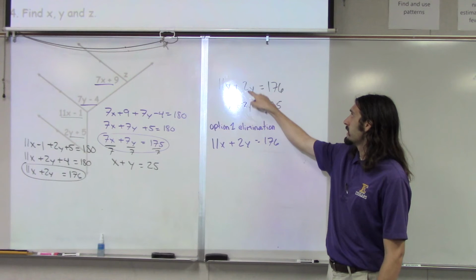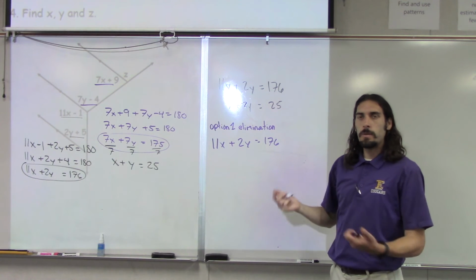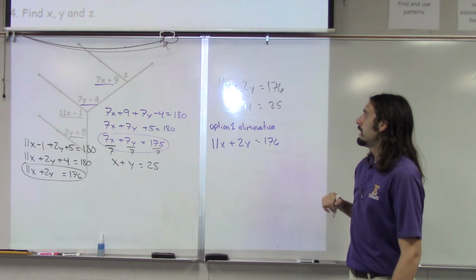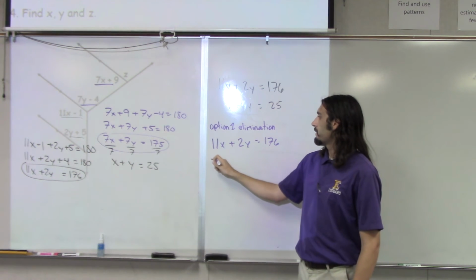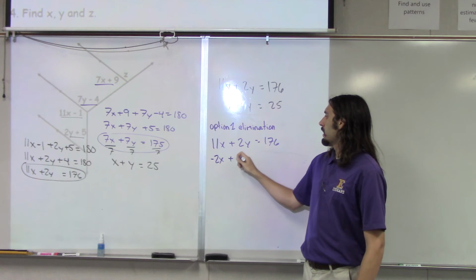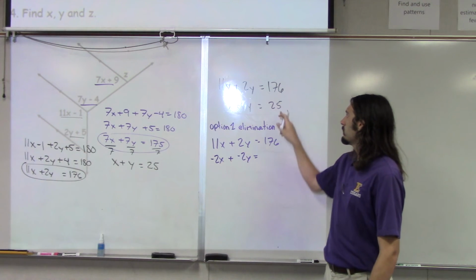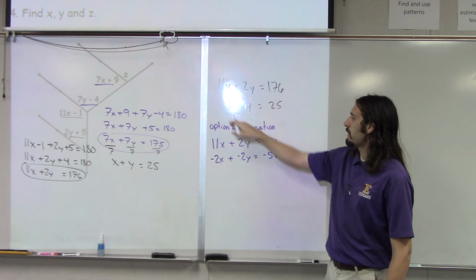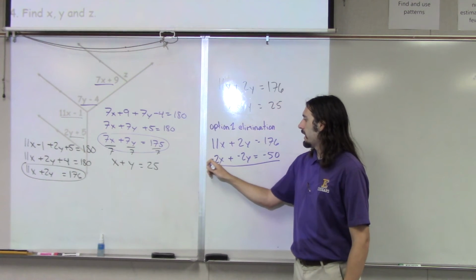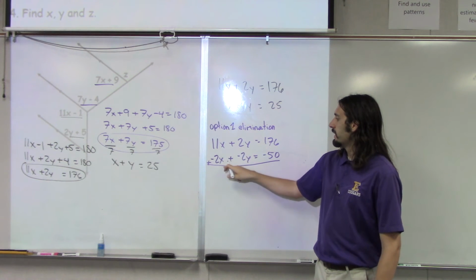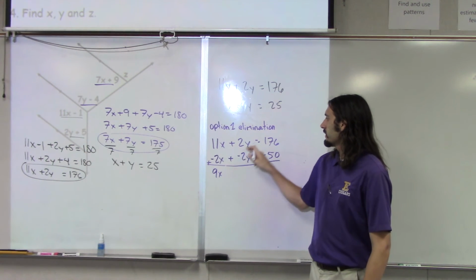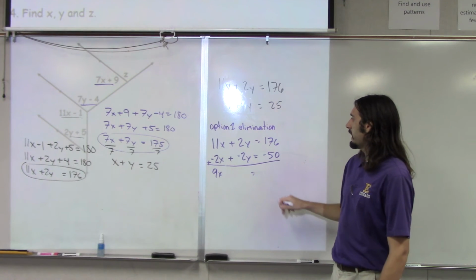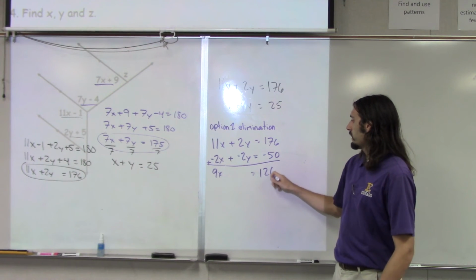Because if it was, then my y's disappear. Well, I can't just throw one -2 in there, so I'm going to multiply the whole row by -2. So then I have -2x plus -2y is equal to -50. I multiplied every single spot by -2. By doing that, I can come over here, add together. The x's combine to give me 9x. The y's disappear, and the numbers on the end add to give me 126.